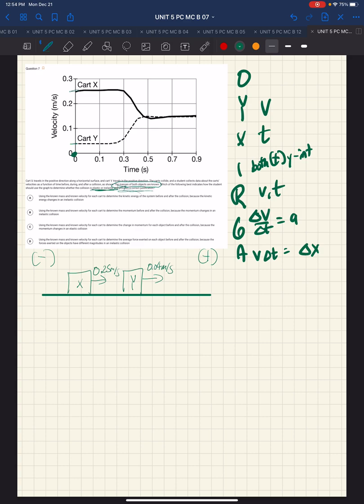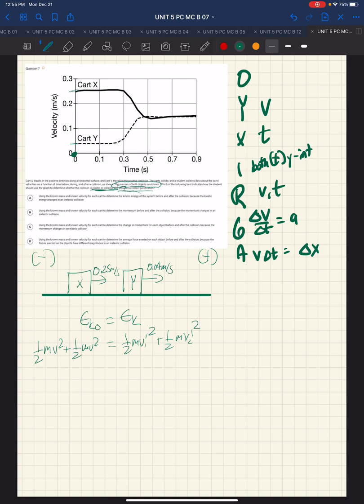Well, if it's elastic or inelastic, it's going to be about kinetic energy. So does the initial kinetic energy equal the final kinetic energy? And to do that, we're going to have 1/2 mv squared plus 1/2 mv squared. And is that going to equal 1/2 m1 v1 prime squared plus 1/2 m2 v2 prime squared? So what do we need?